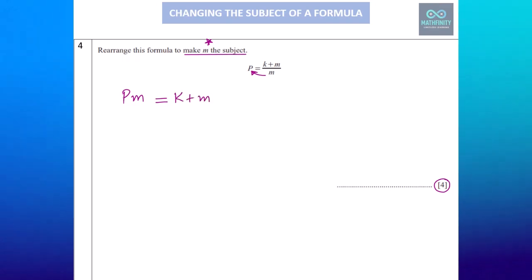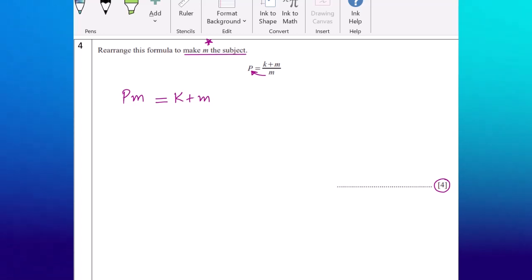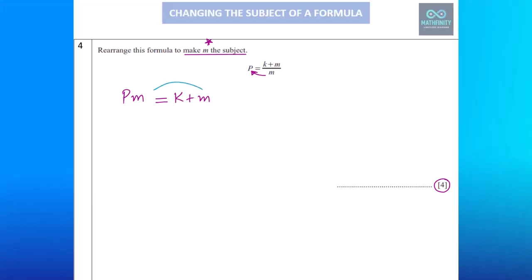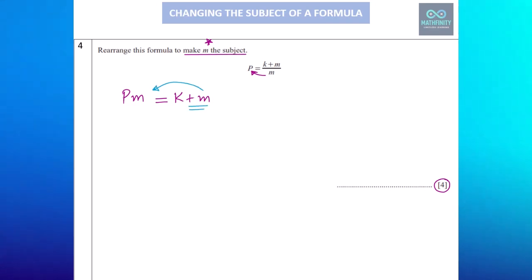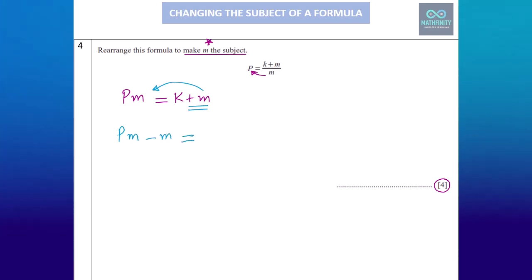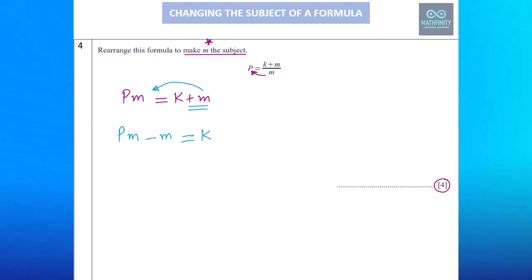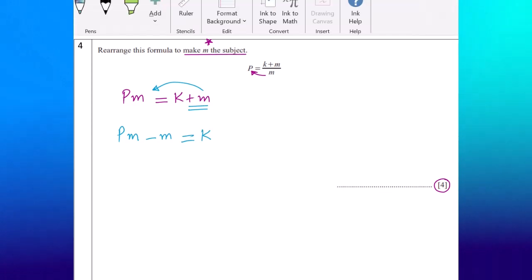To make m the subject, we will shift all the terms that have m to one side. As this is positive, when you shift it to the other side, you have to write negative. Is equal to k. Now there are two terms, so we have to factorize.